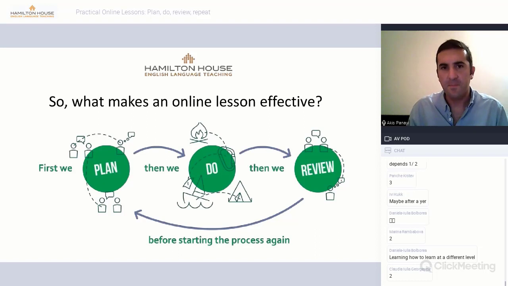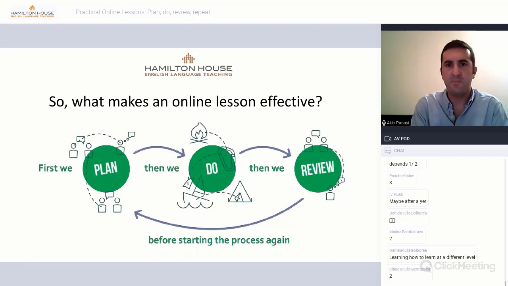process again. If we skip one of those three steps, then the following step will not be as successful as it should be. For example, if we skip planning, then the delivery of the lesson will not be as successful.